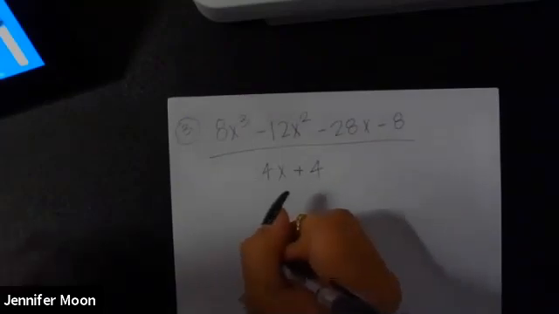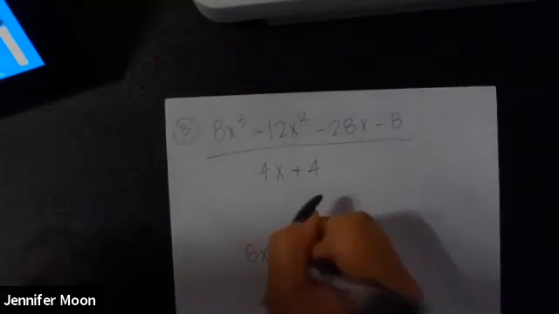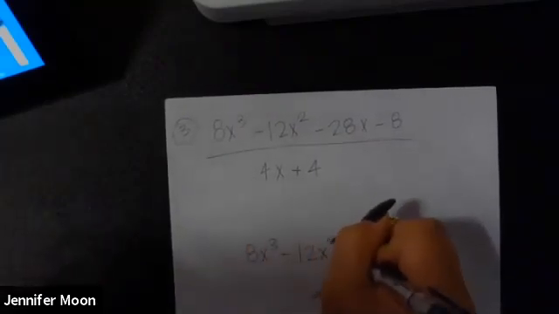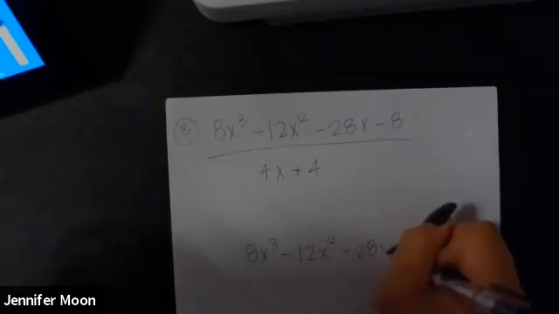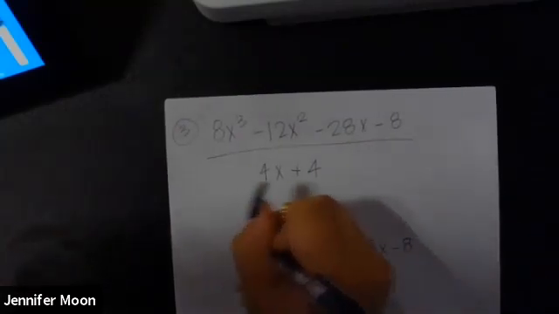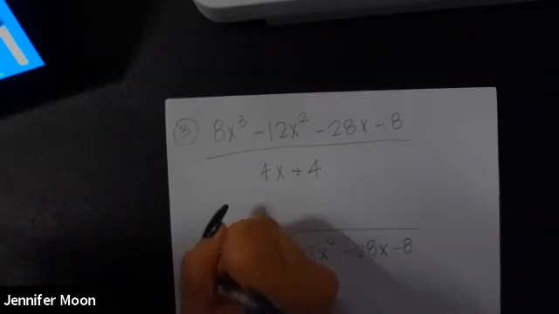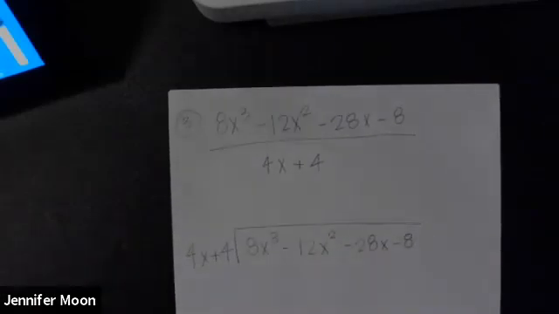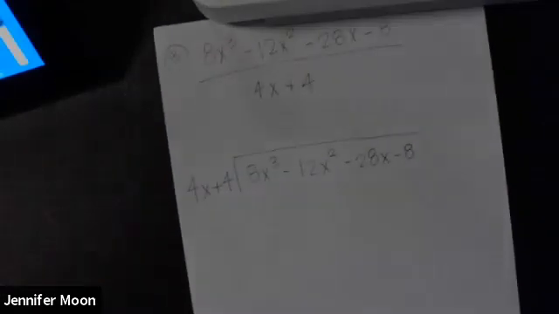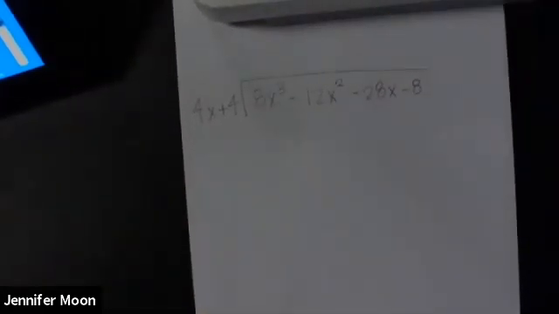So I'm going to go ahead and write my dividend. And then I'm dividing by 4x plus 4. Okay. So because there's a few more terms, I will come to the side and do all the little multiplication and the division and stuff, okay?